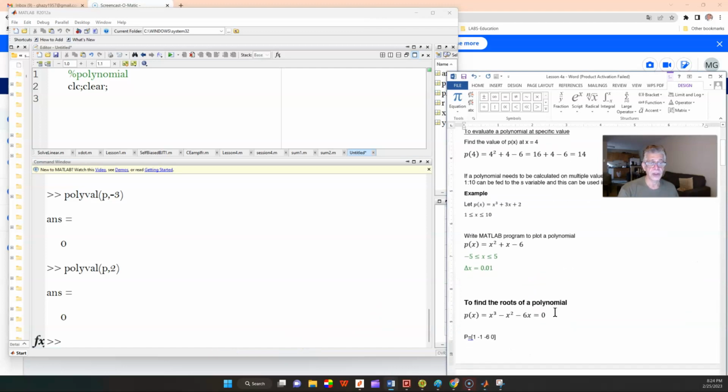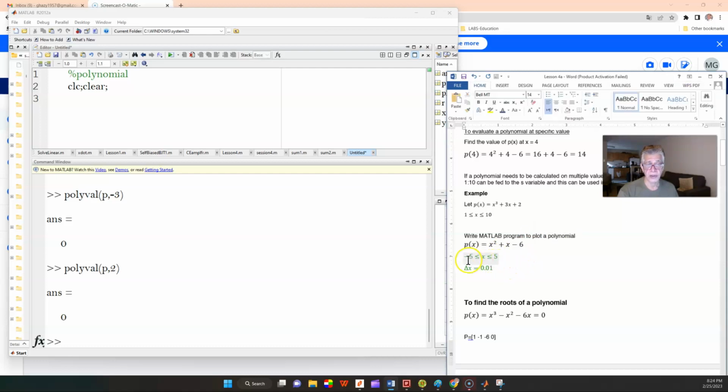Now we want to write a MATLAB program to plot a polynomial, x squared plus x minus 6. We want to plot over the domain from -5 to 5. So let's go ahead and write the program.